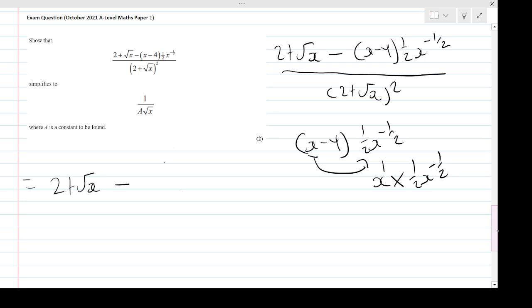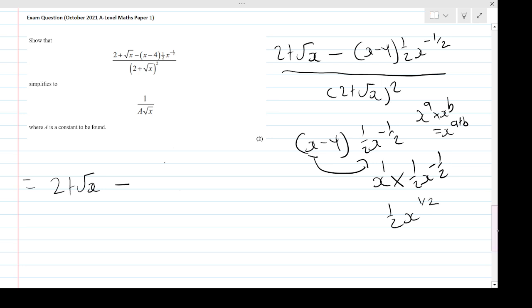But then we simply have 1 add minus a half. I have a half here that stands as the coefficient, the number, and then I have x to the 1 add minus the half, because we times it. Remember the index law, x to the a times x to the b is x to the a add b. Well, 1 minus a half is simply a half.